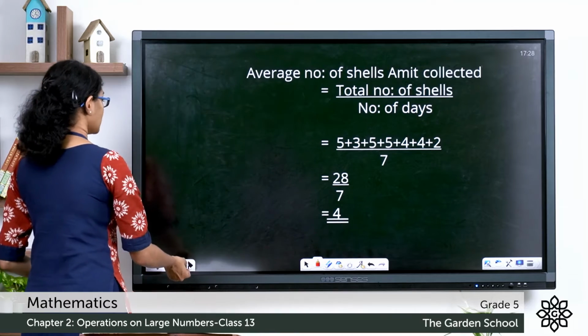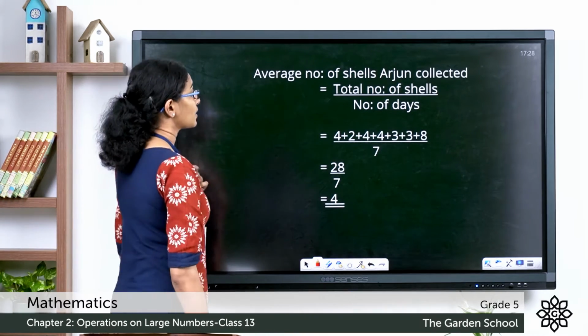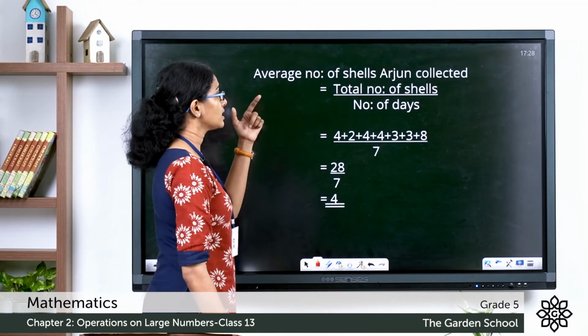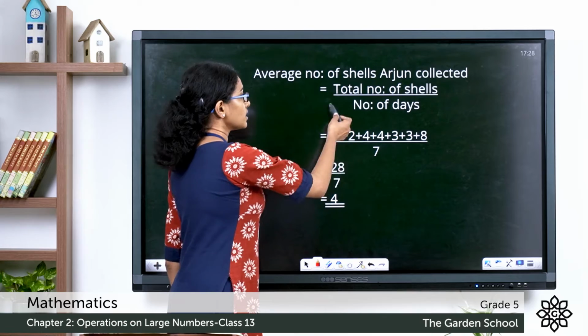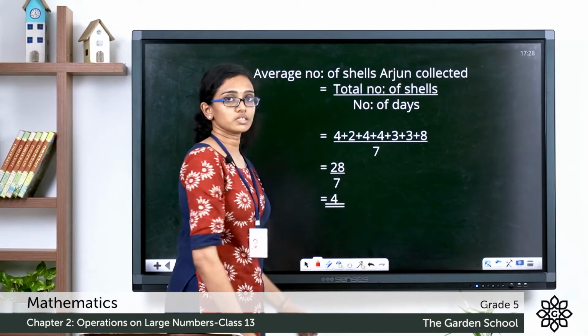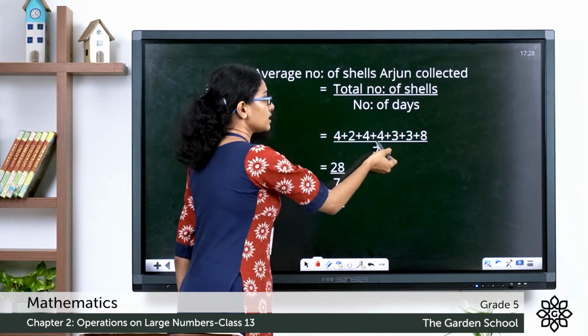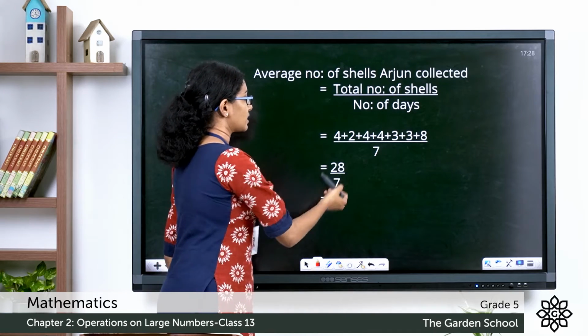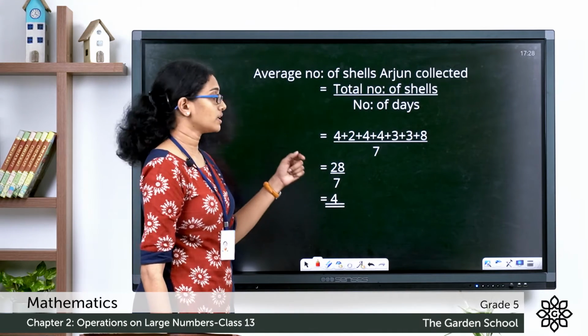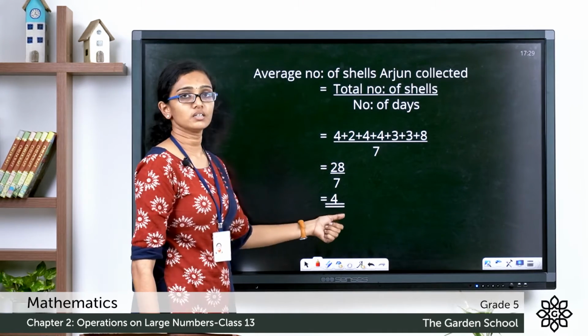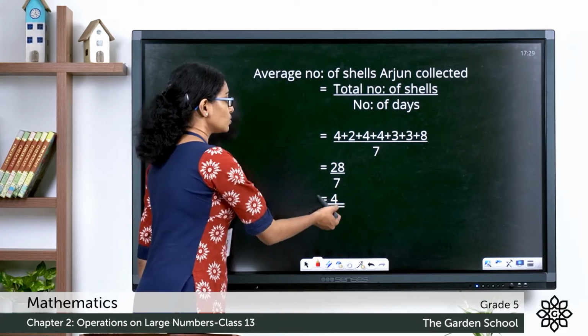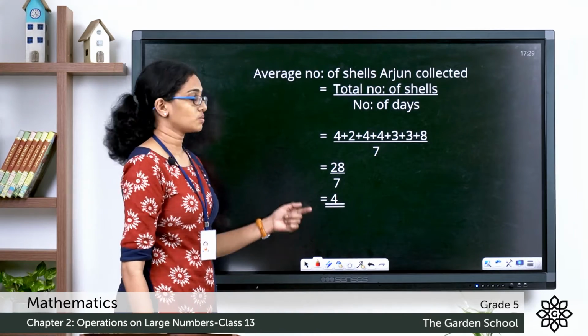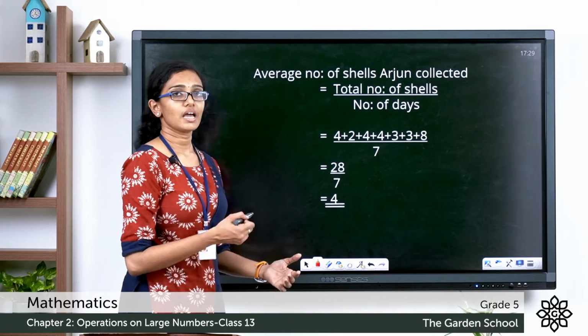Now, let's find out the average number of shells collected by Arjun. So, Arjun had collected these many seashells each day divided by the total number of days. So again, that also added up to 28, then divided by 7 gives you the same average, which is equal to 4 seashells every day.